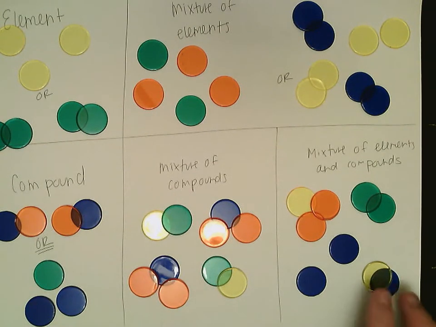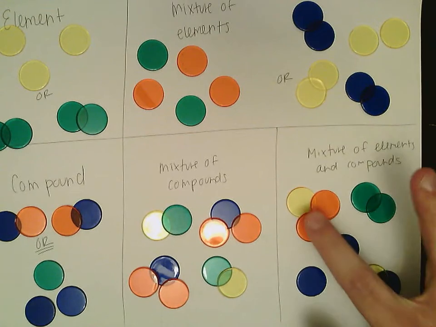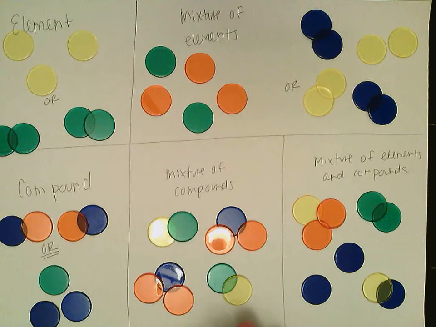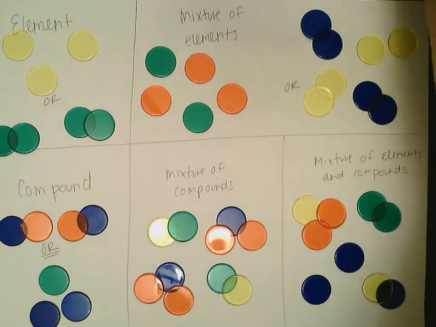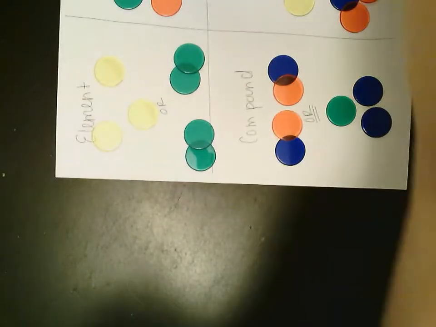So here I have an element, compound, compound. So that is a mixture of elements and compounds. We will deal with this more when we start to talk about balancing chemical equations, and working with bingo chips will be one of your options. Now let's talk about what this will look like for us on a black and white piece of paper. So let me just move this out of the way.